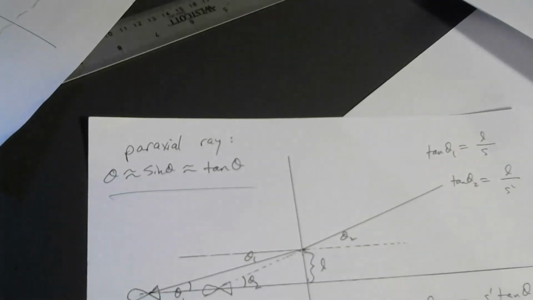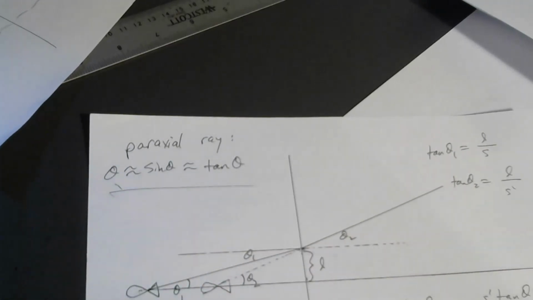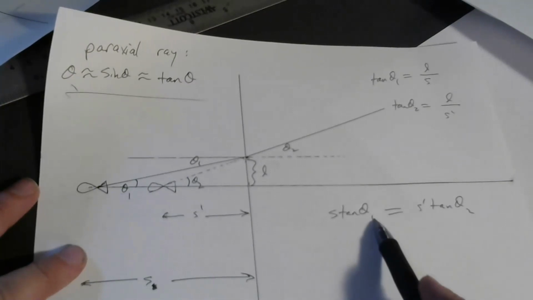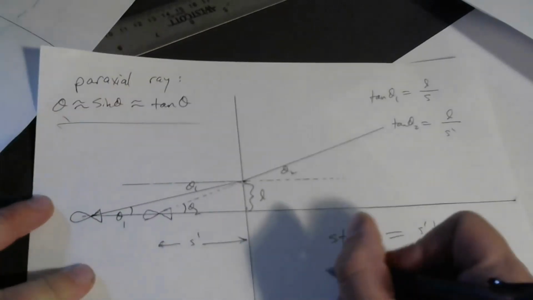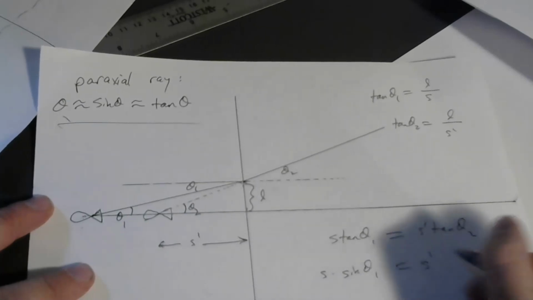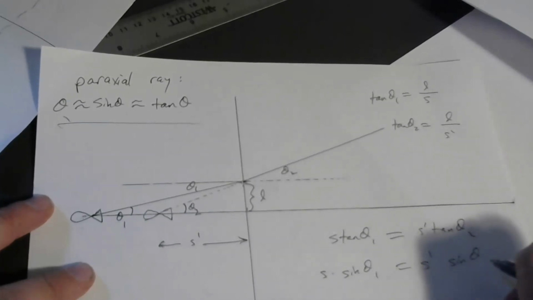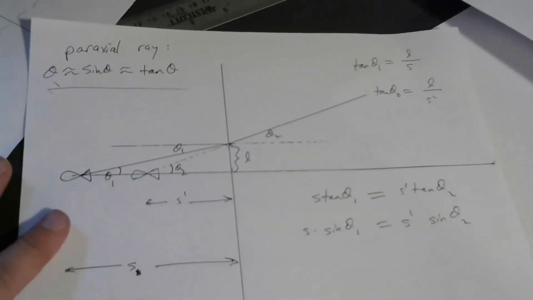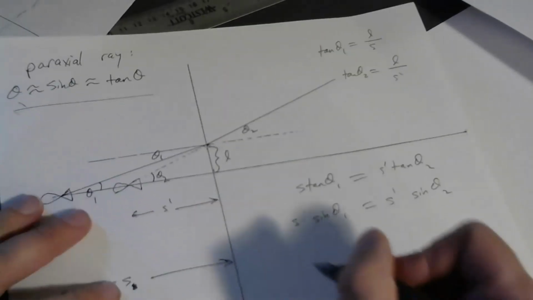Once you're down to 2 or 3 degrees, I think these are all the same to, I'm going to guess, 4 or 5 sig figs, which means we can replace tangent of theta 1 with sine of theta 1. And maybe you see now where this is going, because as soon as you see sines of the angles, we're talking about Snell's law.